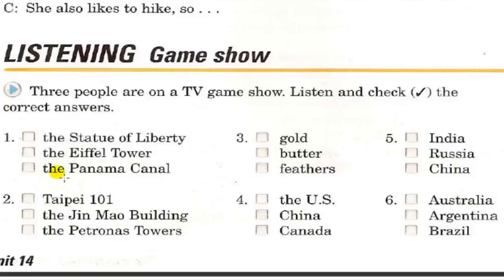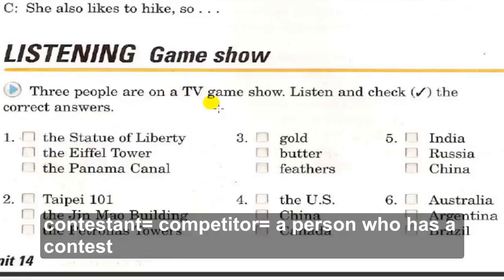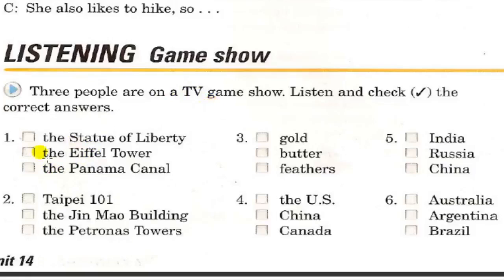Question number 1. First of all, who are the contestants? The contestants are Jack, Jonathan, and Susan. The first question. Which one is the oldest? The Statue of Liberty, the Eiffel Tower, or the Panama Canal? The Statue of Liberty is the oldest.